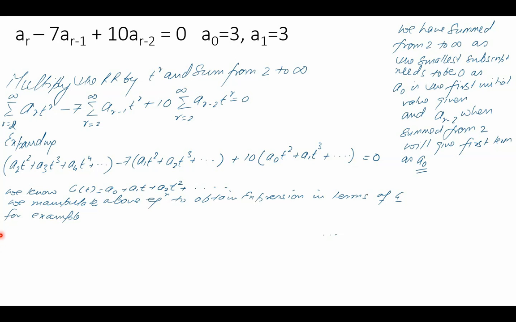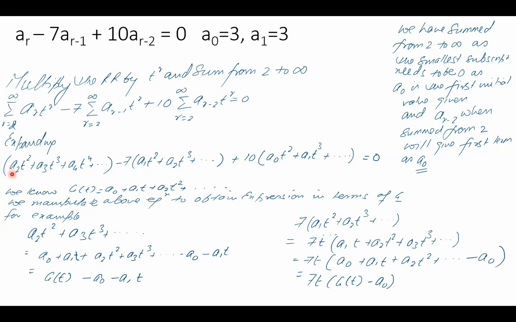I'll once again write it in the form of g(t). So we know g(t) is equal to a_0 plus a_1 t plus a_2 t square, and so on. So I'll rewrite these expressions in terms of g(t). Now taking this section, for example, I have a_2 t square plus a_3 t cube plus a_4 t to the power 4. If I compare it to the expansion of g(t), you'll see that a_2 t square is already over here, and the further terms like a_3 t cube and so on are already present over here.